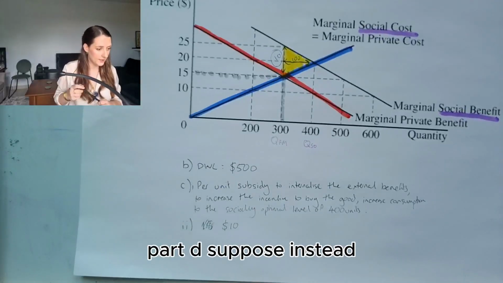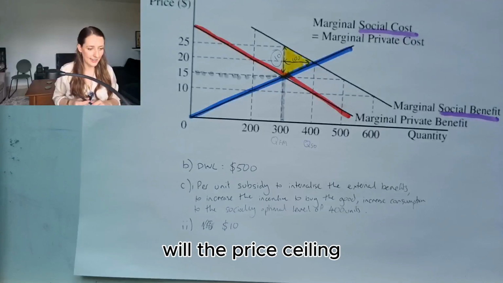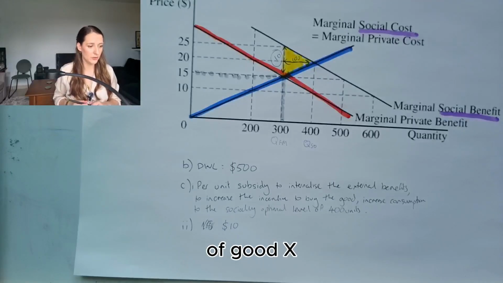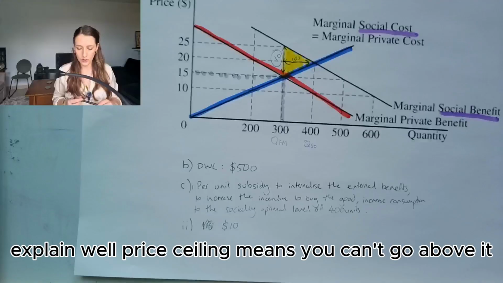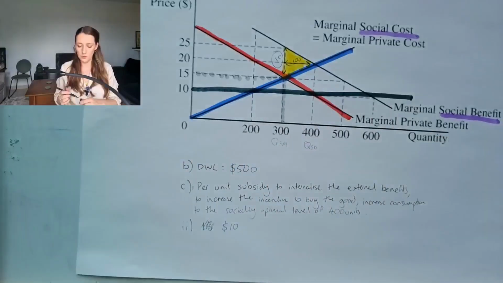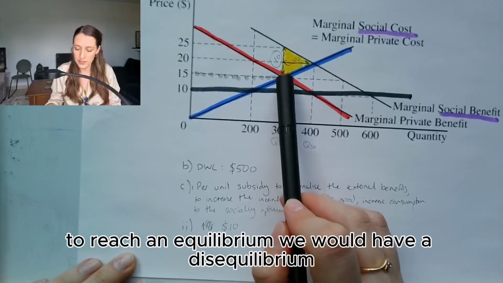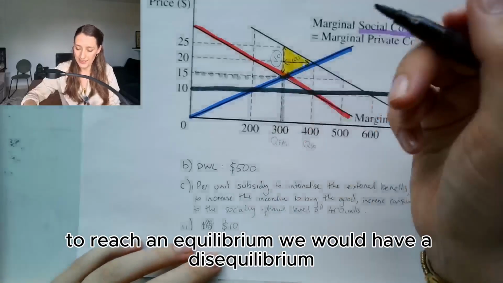Okay, part D. Suppose instead the government imposes a price ceiling of $10. Will the price ceiling achieve the socially optimal quantity of good X? Explain. Well, price ceiling means you can't go above it. So if the government came in and said, here is our price ceiling, that would mean that we would not be able to reach an equilibrium. We would have a disequilibrium.